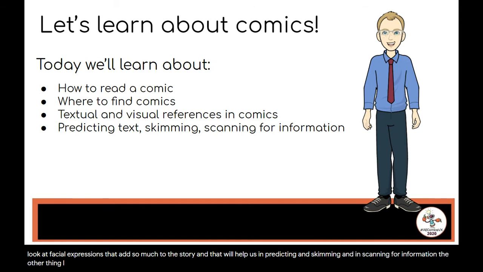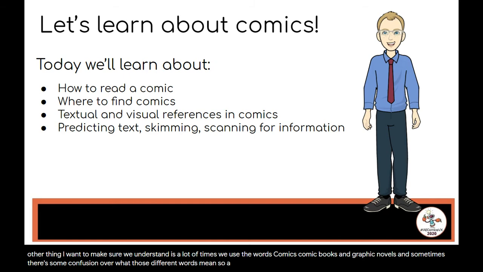The other thing I want to make sure we understand is a lot of times we use the words comics, comic books, and graphic novels. And sometimes there's some confusion over what those different words mean. So a comic and a comic book are the same thing. They are what's called sequential art.